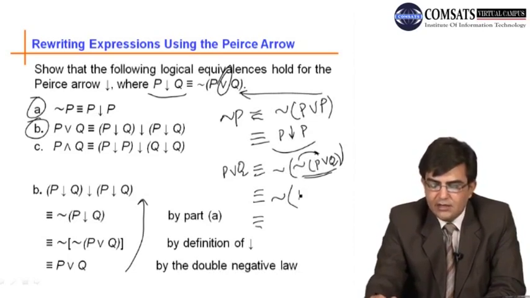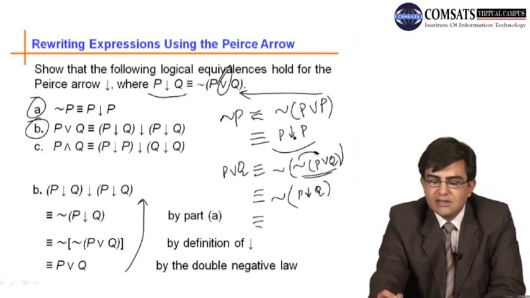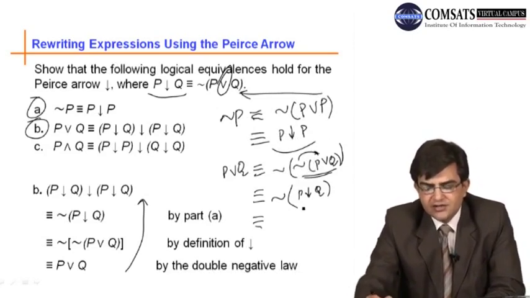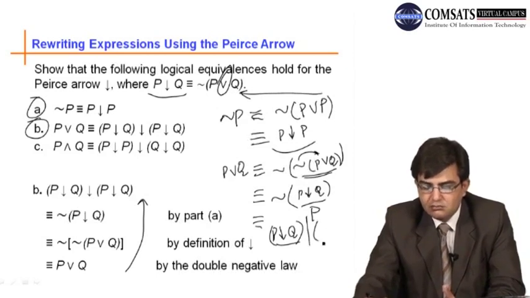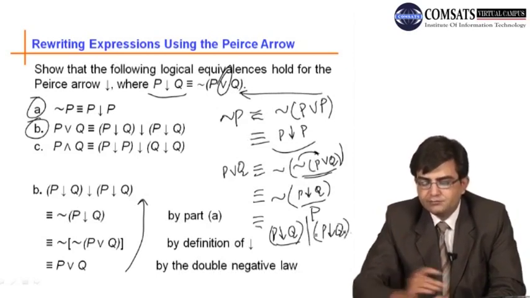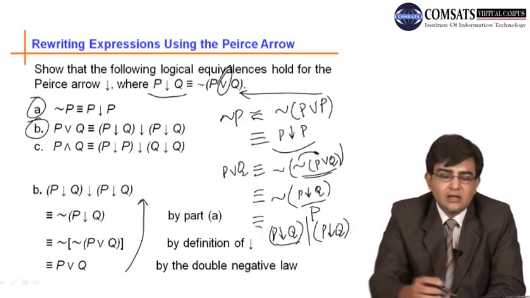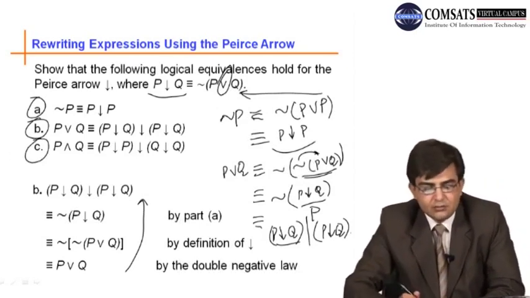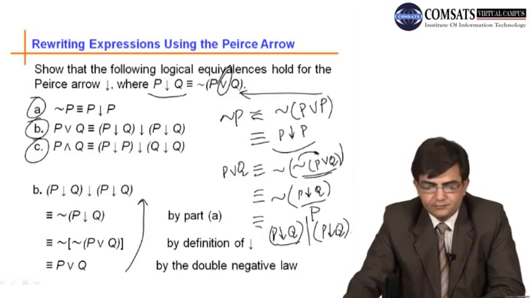This is basically P Peirce arrow Q. Now by using part A, that is not P is P Peirce arrow P, here we have not, consider it whole as a P, so we can write as P Peirce arrow Q, bracket, Peirce arrow, again P Peirce arrow Q. So this is how we can prove it, and similarly you can prove part C also. We can convert P and Q into a Boolean expression which contains only the Peirce arrows.